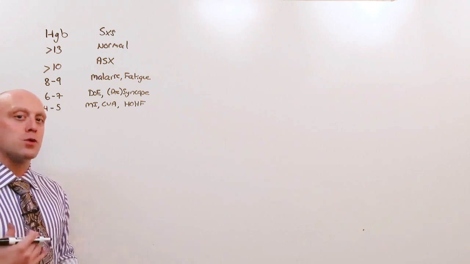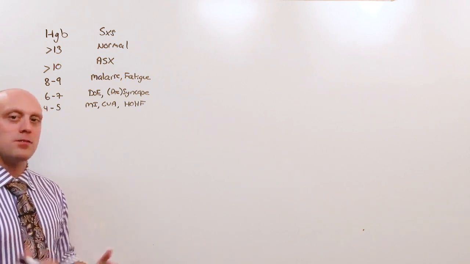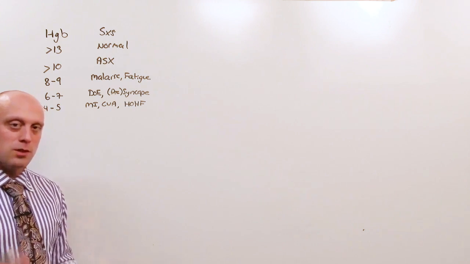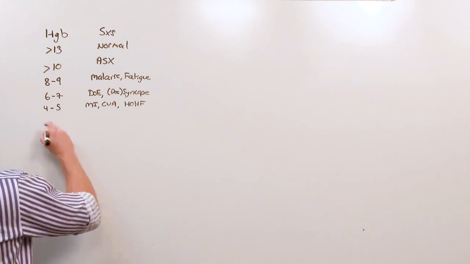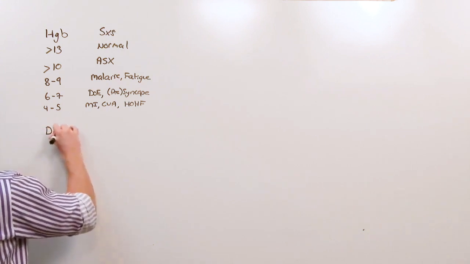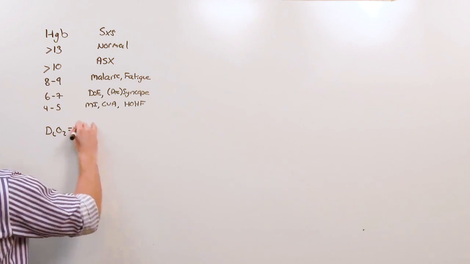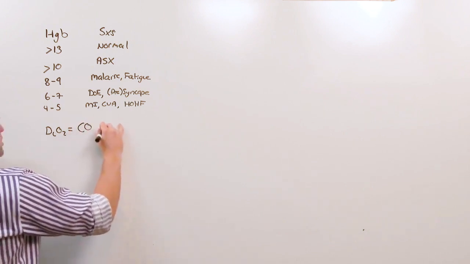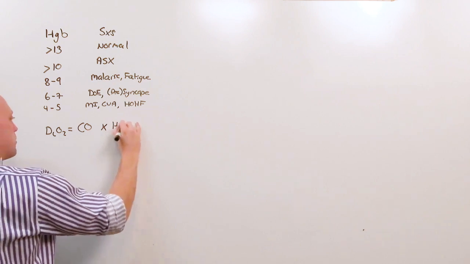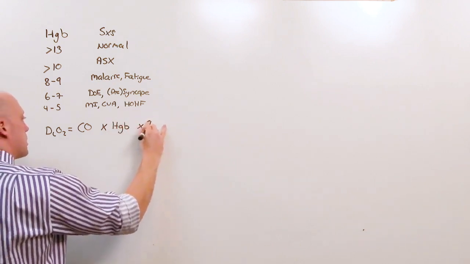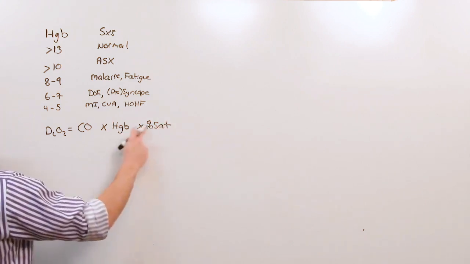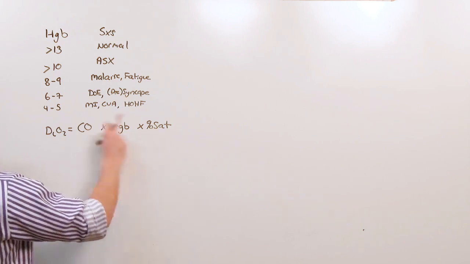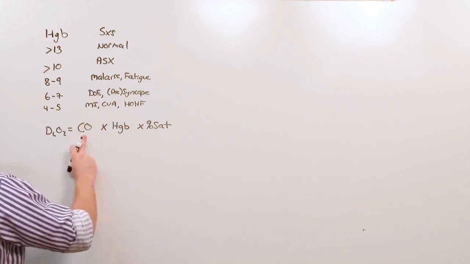And the sicker you are at baseline, the worse the symptoms. Let's see what I mean by that last part. It has to do with the delivery of oxygen equation, which is equal to the cardiac output times the hemoglobin times the percent saturation. How many hemoglobins there are, how well saturated with oxygen they are, and how fast those hemoglobins are circulated around.